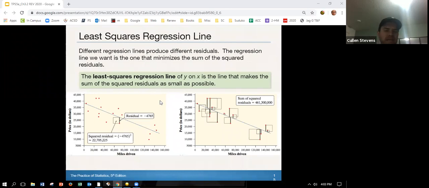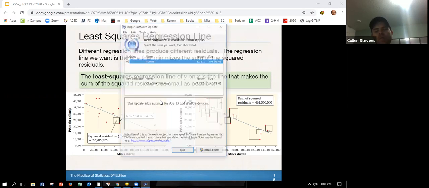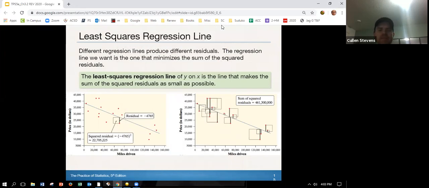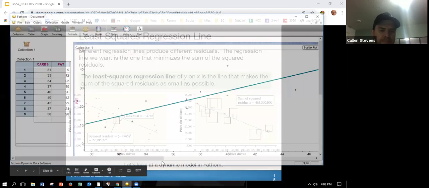So in standard deviation, we square those before we combine them. So what we're doing is taking these residuals, squaring them, and putting them together. And the smallest sum of squares that we have is the best. So let's pop over to a dynamic model here in Fathom.